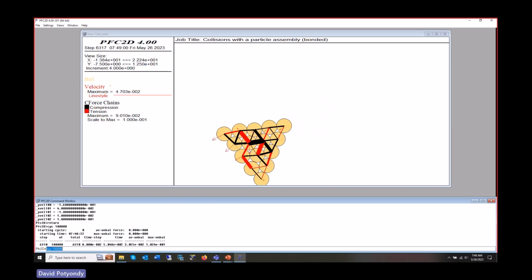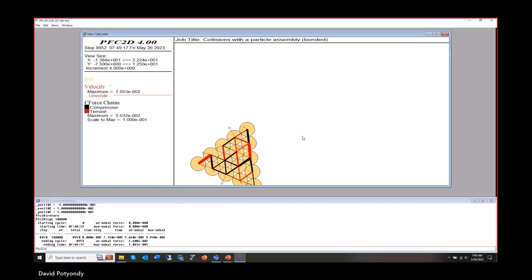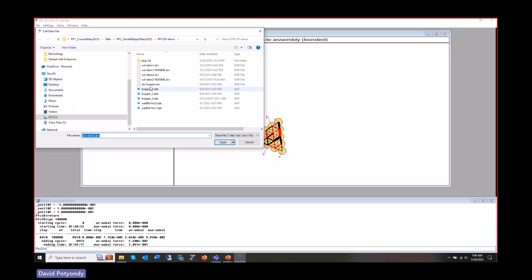It's a whole bunch of masses and springs, and those springs are going tension, compression, tension, compression. Think of this as a wave too. I hit it, a compressive wave went through the system, which bounced back as tension and then compression. Let's run it from scratch again.